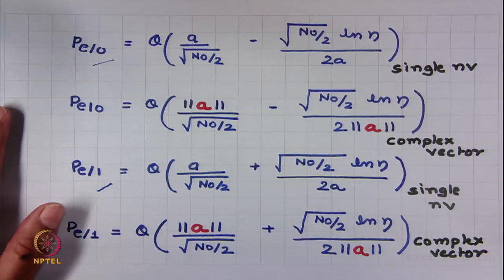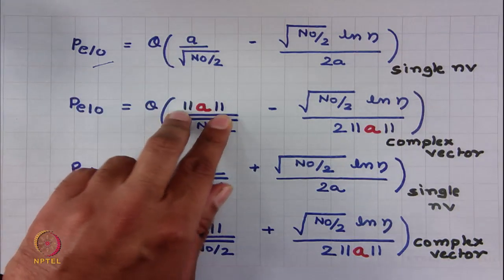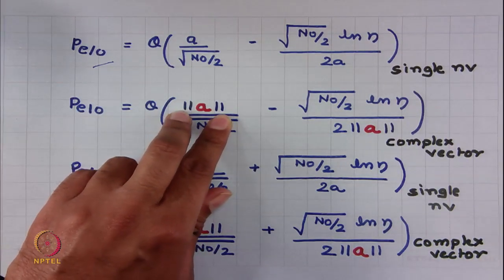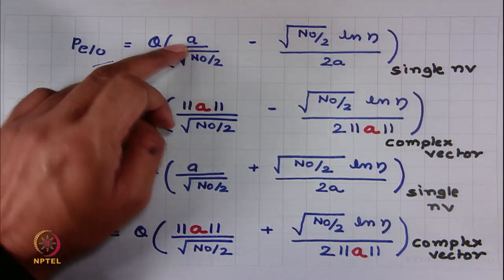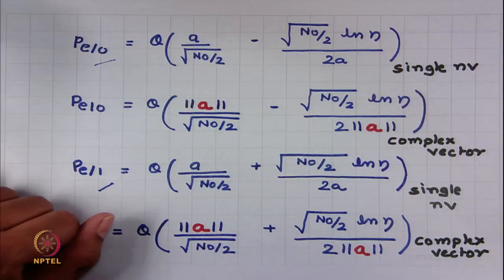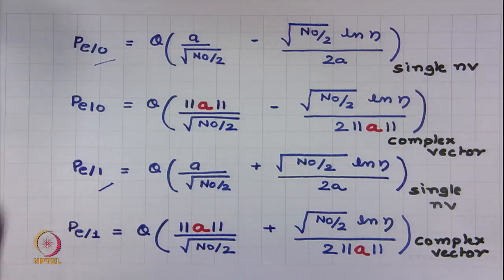The only thing that changes is that instead of A, now we have to talk in terms of the norm of A, because in case of single numerical values A decides the distance, in case of vectors the norm of A decides the distance, that is it, and the probability of error formulas remain the same.